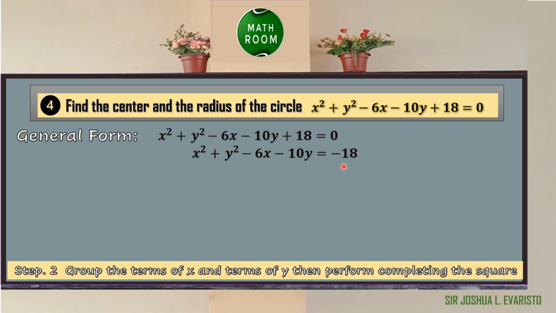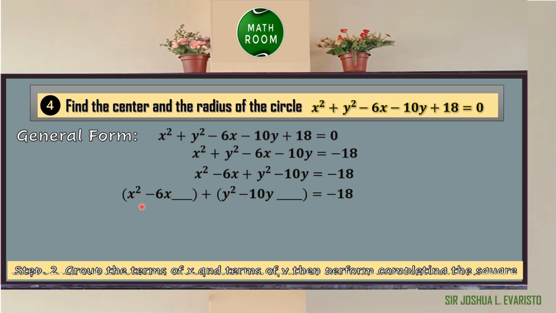Step number 2, group the terms of x and the terms of y, then perform completing the square. So the terms of x are x squared minus 6x, and the terms of y are y squared minus 10y, is equal to negative 18. Then we will now perform completing the square. So we have (x squared minus 6x blank) plus (y squared minus 10y blank) is equal to negative 18.